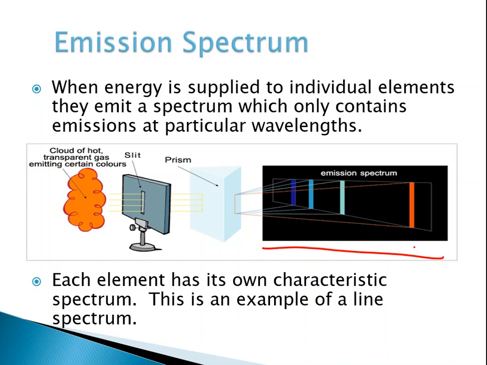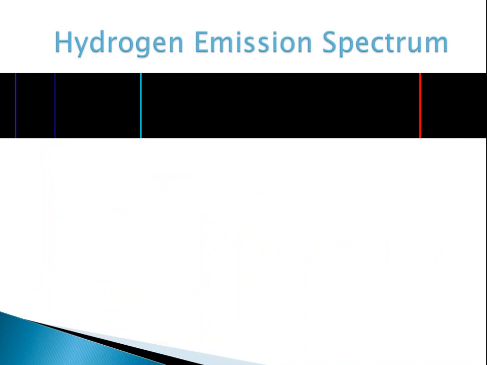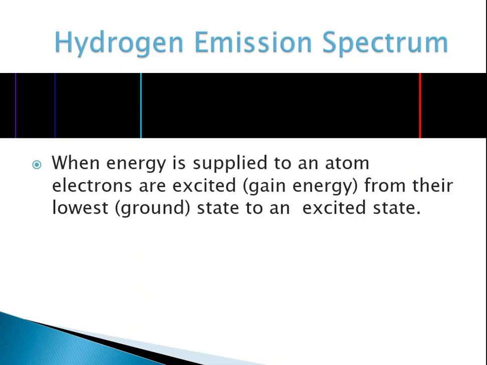It's a black background with individual lines of color. The lines of color in the spectrum represent, actually I'll talk about what they represent in a subsequent slide. So, this is the hydrogen emission spectrum. I see we have one red line, a light blue, a darker blue, and a violet line.